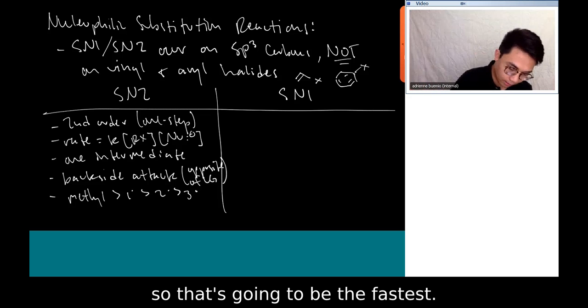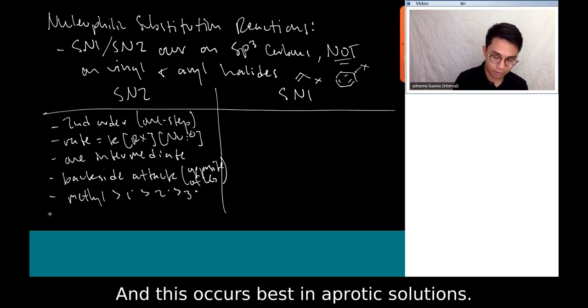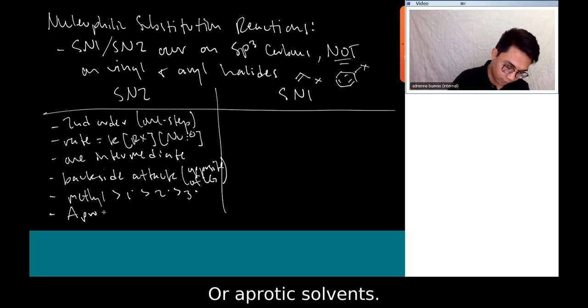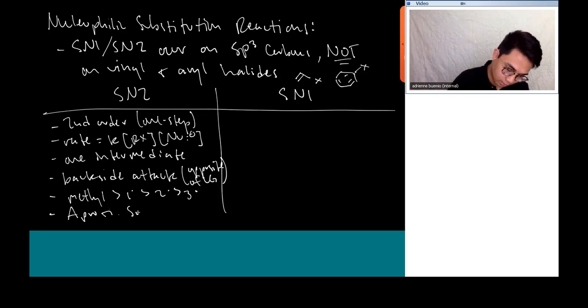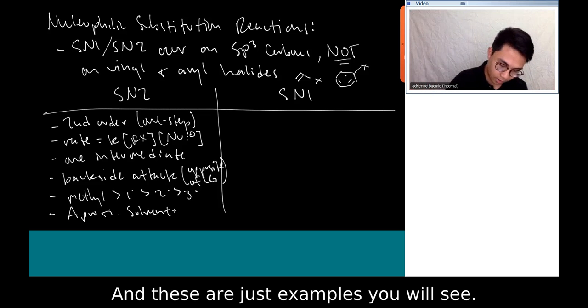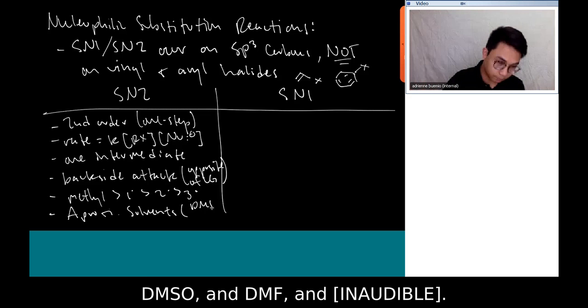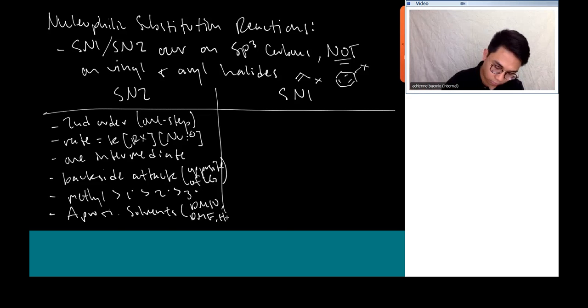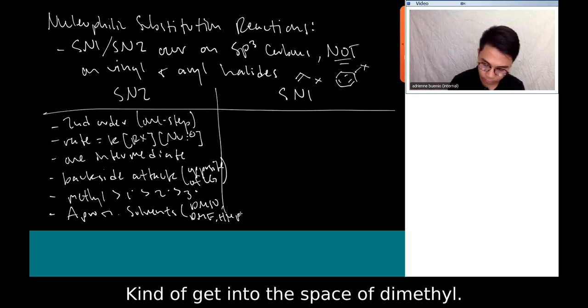And this occurs best in aprotic solvents. These are just examples you'll see: DMSO, DMF, and HMPA.